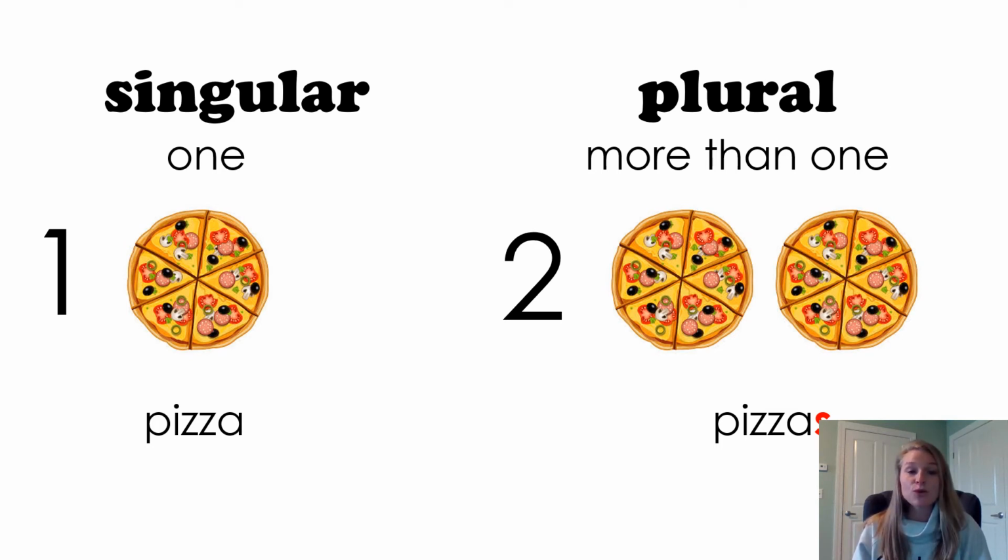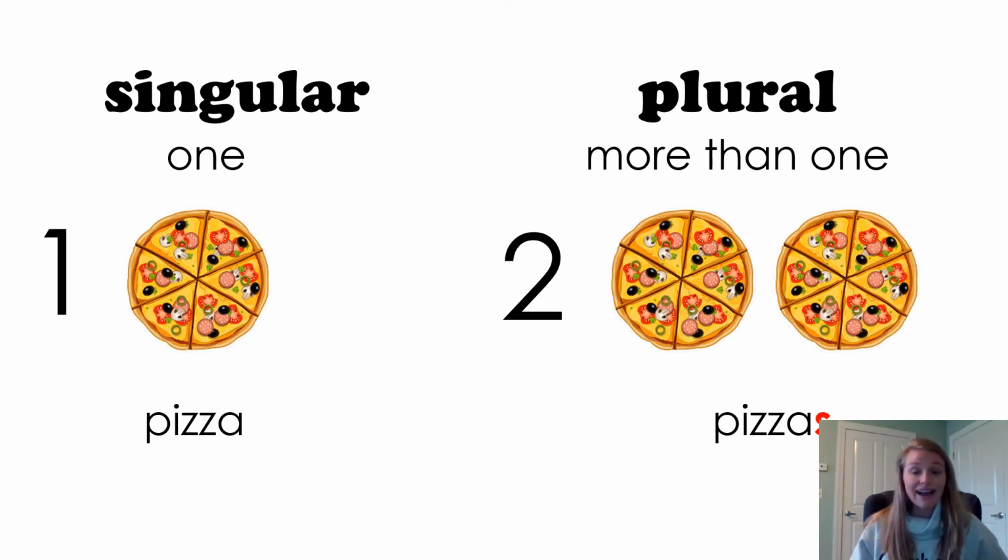If I want to order one pizza, that's all I'm going to say. I am going to tell the person on the phone how many or the number of the things that I want. So that's one. And I'm going to tell them the name of the item. So that's pizza. So I would say, I would like one pizza. But when we want to order more than one of something, it gets tricky.